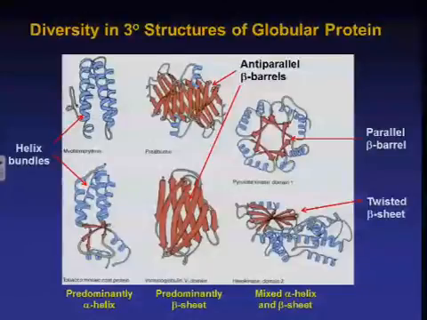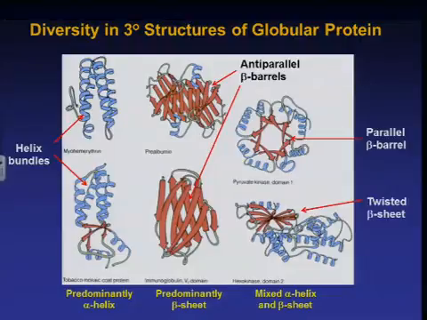It's a beta strand. If you're following the polypeptide chain, all that tells you is that in that region, you've got a beta strand which has the configuration of the R groups going up, down, up, down, up, down. So then the question is, how are those beta strands coming together? They can come together in a linear array to give you a sheet, but they can also come together like this, where they're twisted and aligned and moving around.